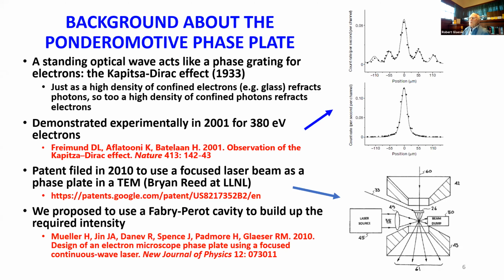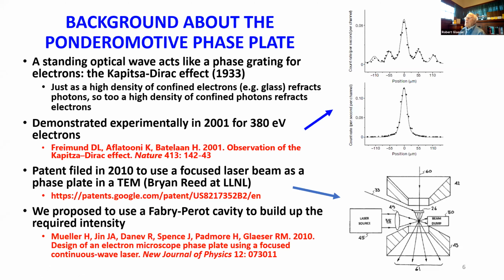Exactly the opposite is also true. A high density of confined photons refracts electrons. It's not something we normally think of, but Kapitsa and Dirac pointed that out. And it was demonstrated experimentally a number of times, generally acknowledged as being the definitive experimental proof, was a paper in 2001 using only 380 eV, electron volt, electrons.